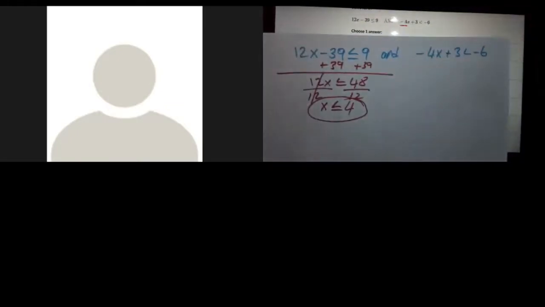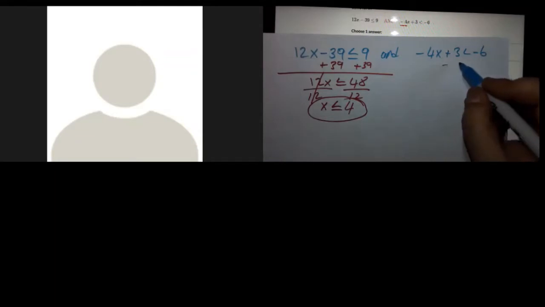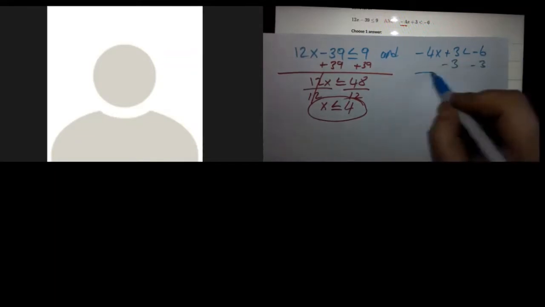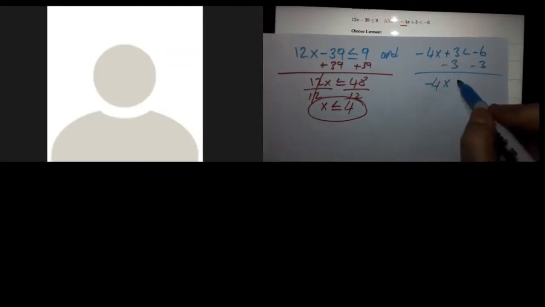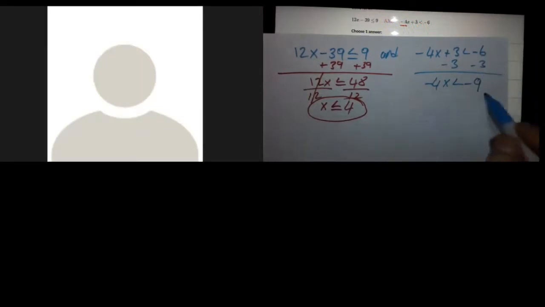Now let's solve the next one. -4x plus 3, so subtract 3: -4x less than -9, which is -6 minus 3. Dividing by a negative number, so my sign will be flipping.